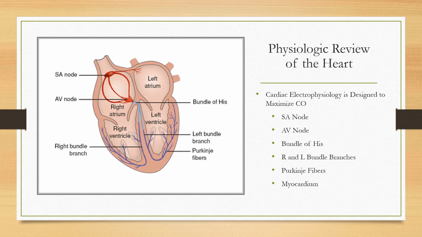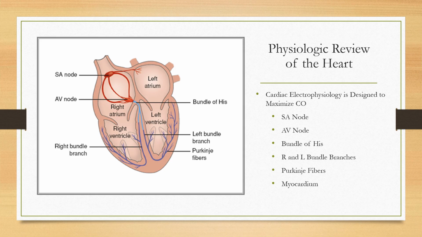Once the electricity is in the AV node, it can send the electricity on downwards to a large bundle of nerves called the bundle of His. Okay, the bundle of His is going to take the electricity and it's going to conduct it into the ventricles.